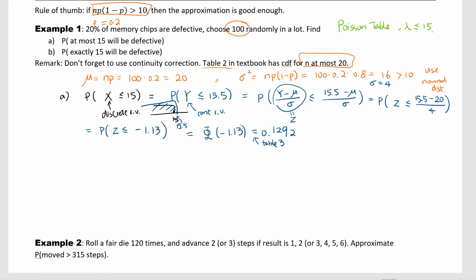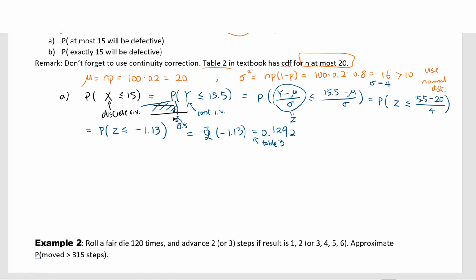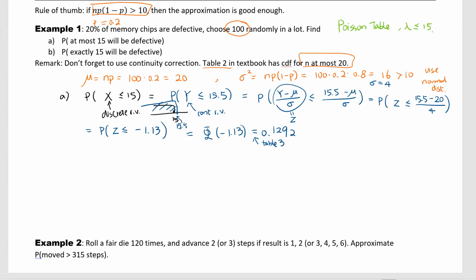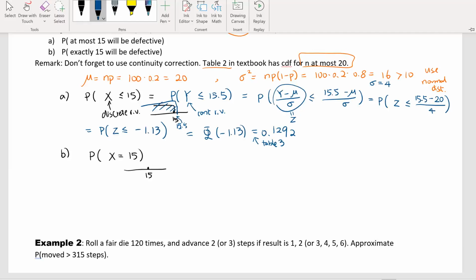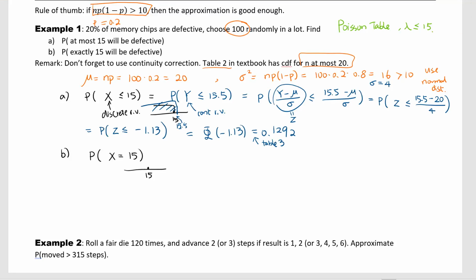Okay, can you pause here and try to work on part B before we continue? Are you done? So here we have exactly 15. What does exactly 15 mean? Well, exactly 15 is 14.5 to 15.5. So we have 14.5 less than or equal to y less than or equal to 15.5.